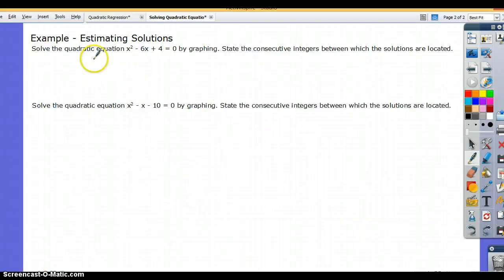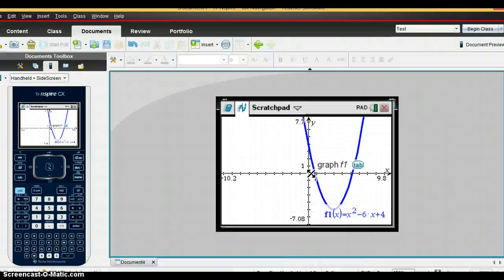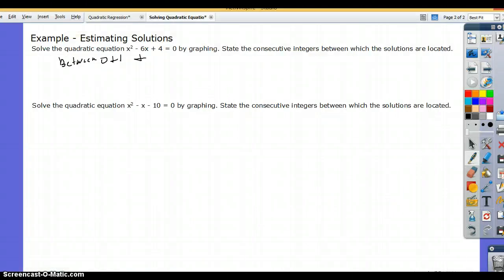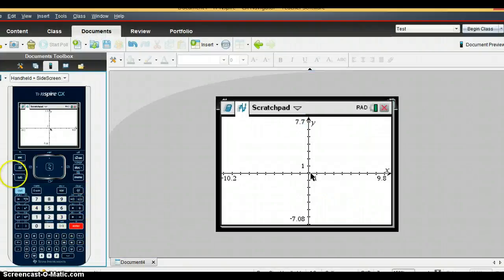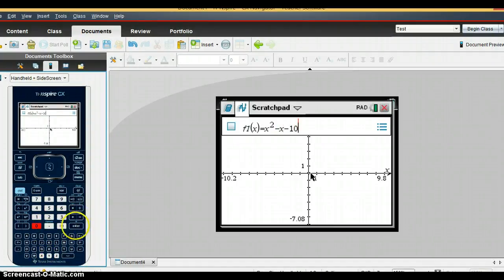So here we're between 0 and 1, and also we are between 5 and 6. So between 0 and 1 and 5 and 6. Same thing goes here. So come back here, clear it. So x squared minus x minus 10.